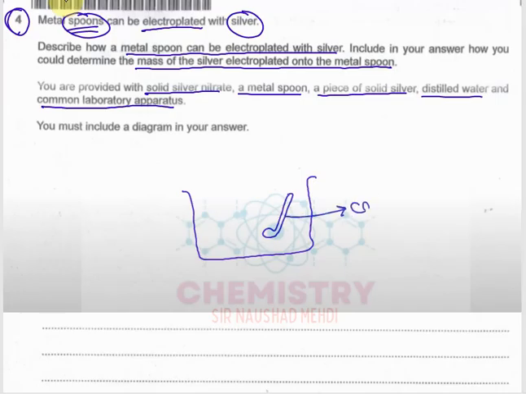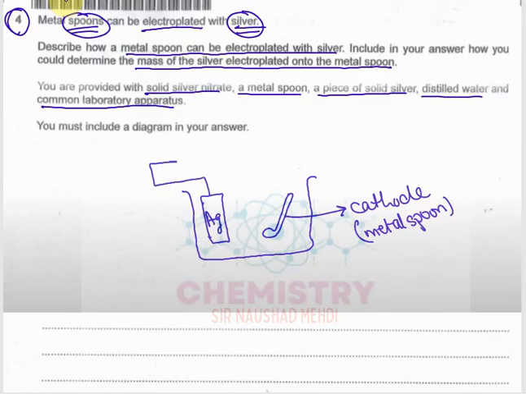So at the cathode you take the object on which you have to do the plating. In our case, the metal spoon is taken at the cathode, and at the anode you take the piece of metal with which you do the plating. In our case, we are doing the plating with silver metal, so silver has to be taken at the anode. Now you have to connect it with the battery.